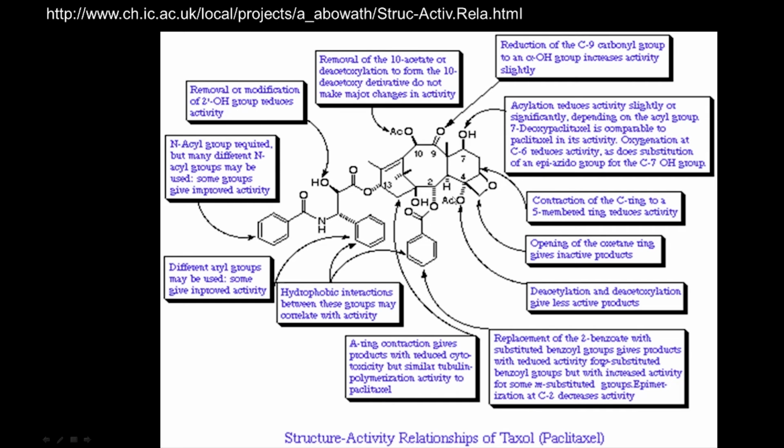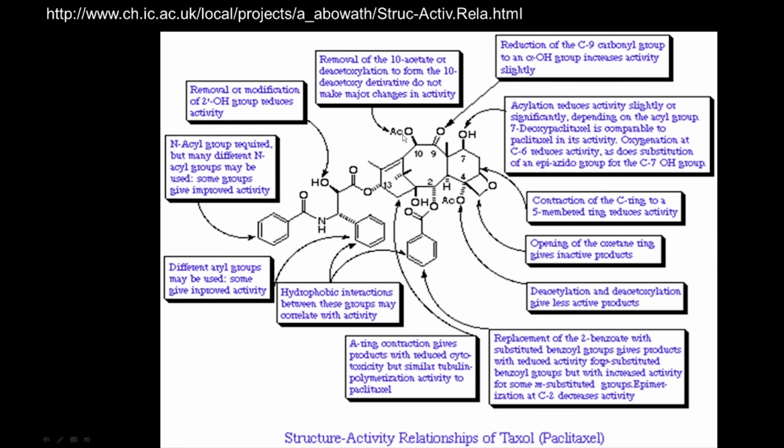So by knowing which groups are necessary for activity, and which groups might not really play a role in the activity, we can develop new structures by modifying those places. Reduction of the C9 carbonyl group to an alpha OH group increases activity slightly.